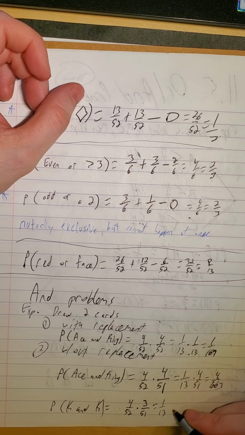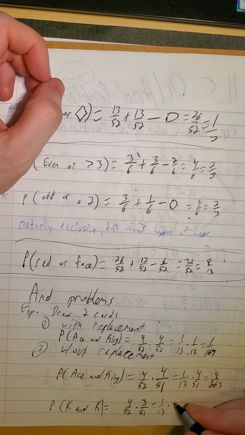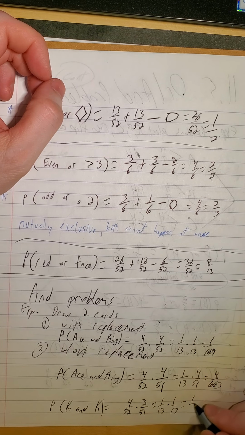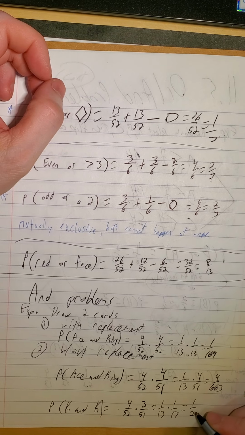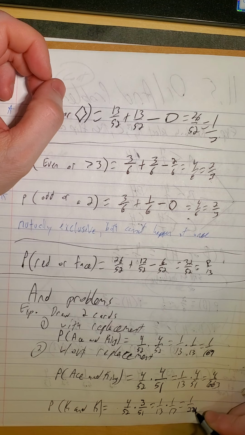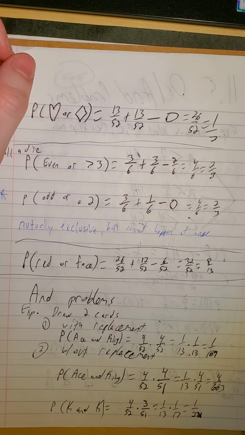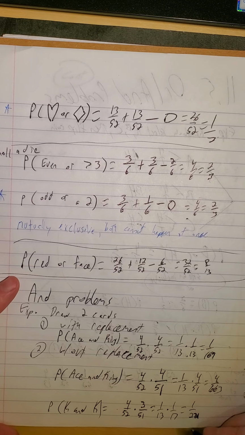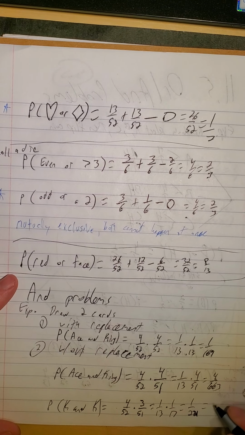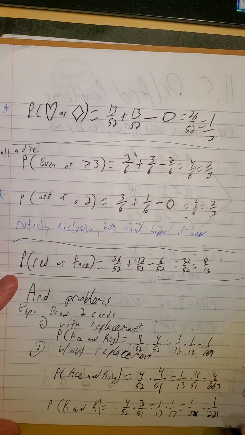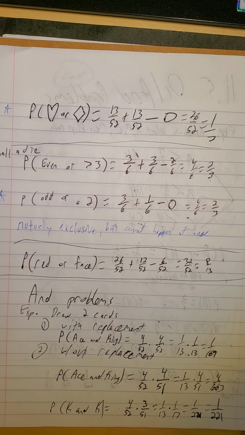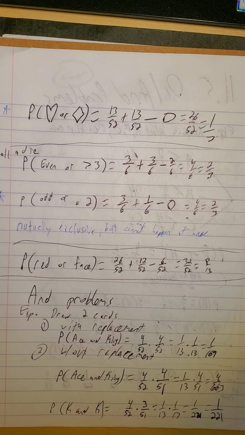So that'll turn into 1/13th by 1/17th. So 1 out of, that would be 221. 1/221st. Make that a little more readable. 221. So that would be our probability, again, selecting without replacement.